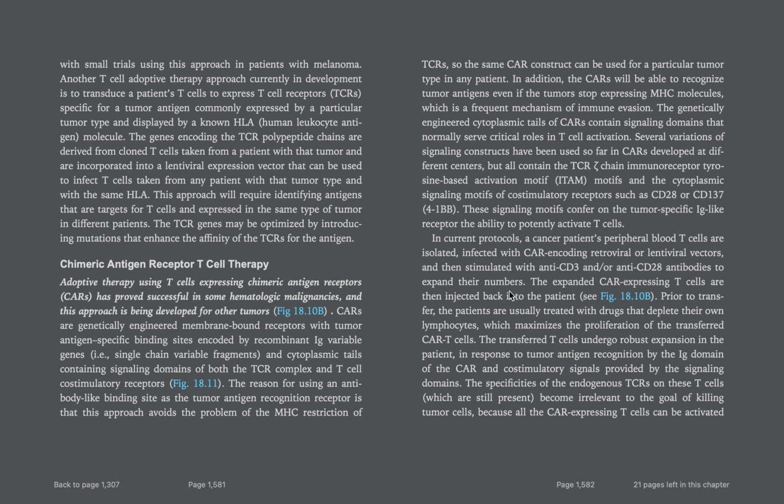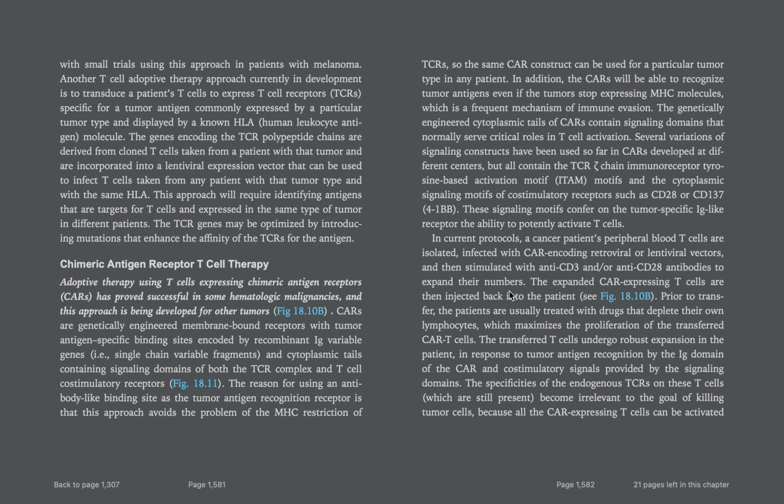The genetically engineered cytoplasmic tails of CARs contain signaling domains that normally serve critical roles in T cell activation. Several variations of signaling constructs have been used so far in CAR development in different centers, but all contain the T cell receptor zeta chain immunoreceptor tyrosine-based activation motif and the cytoplasmic signaling motif of a costimulatory receptor such as CD28 and CD137, 4-1BB.